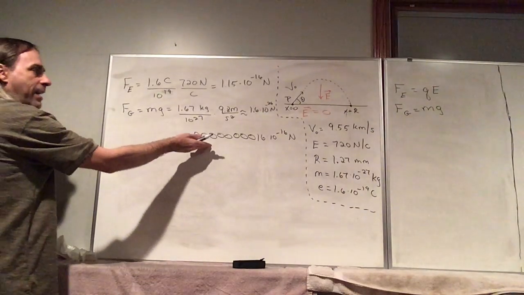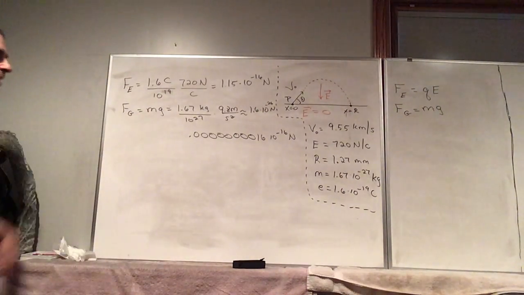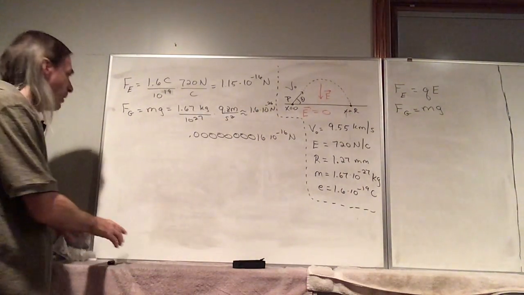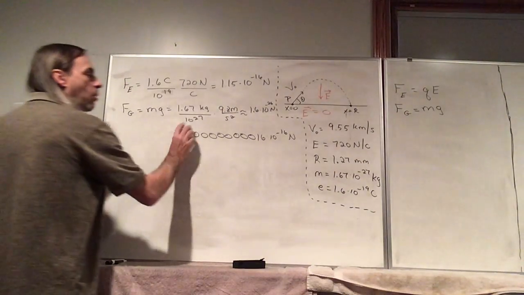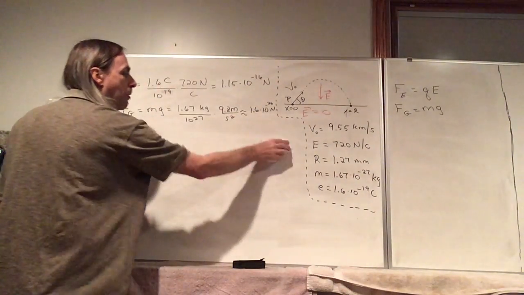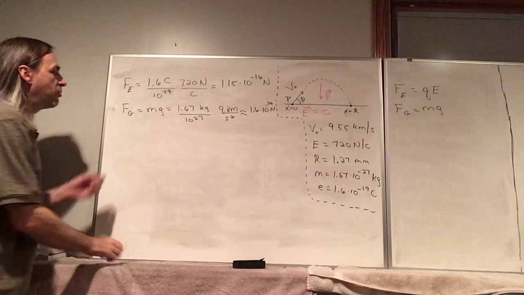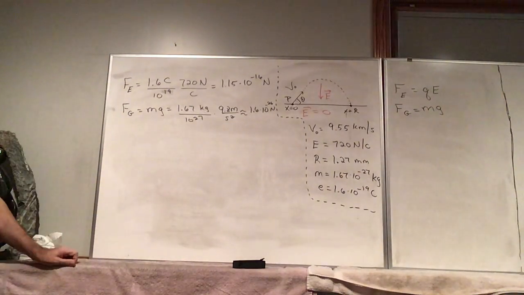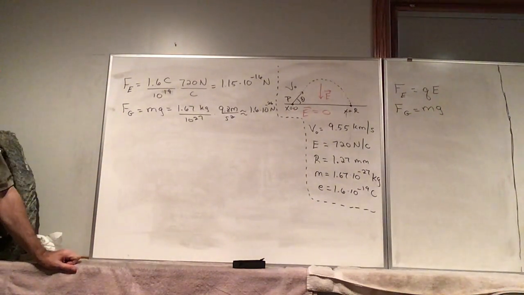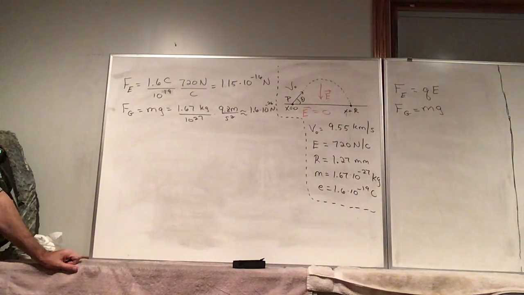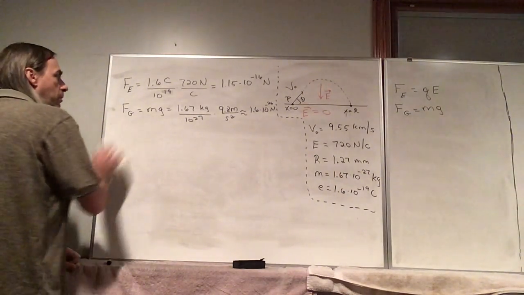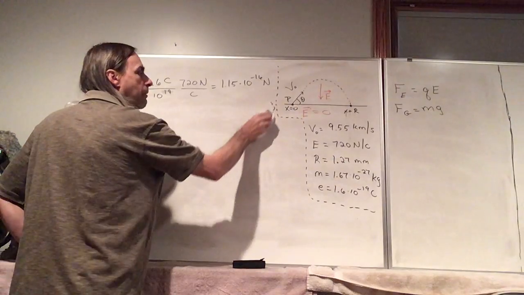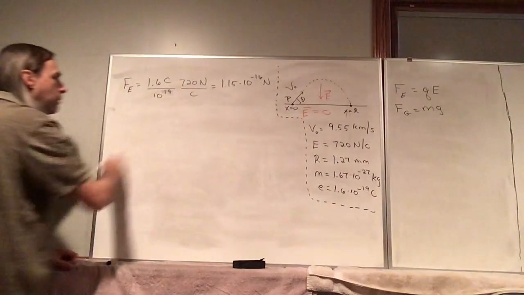If we add this to the electric force, it is completely insignificant, so we can ignore gravity in this problem. The gravitational force is so weak compared to the electrical force that we would need to go to like 10 significant figures to even notice it. So we're just going to consider this particle in a gravitational free zone. So let's erase gravity. It's not a factor in this problem.